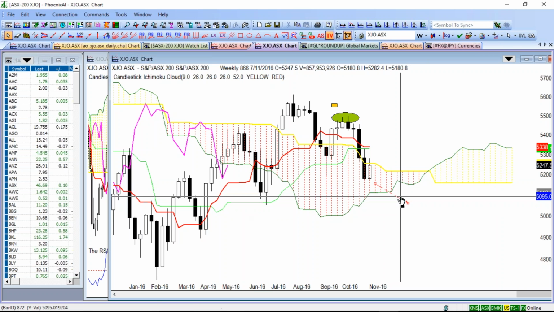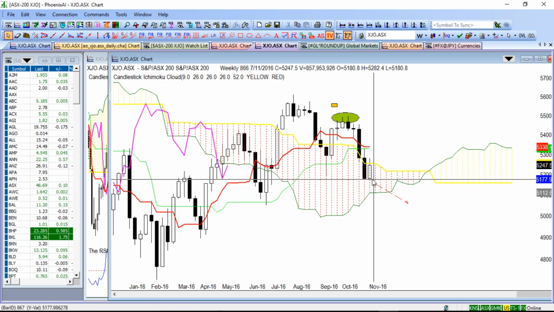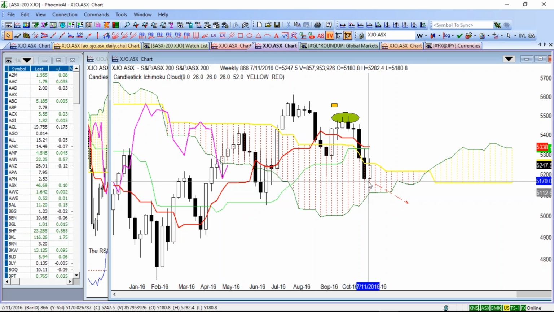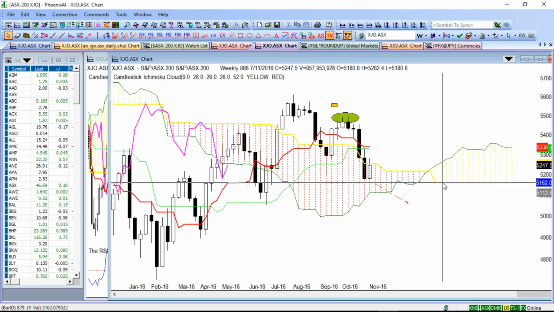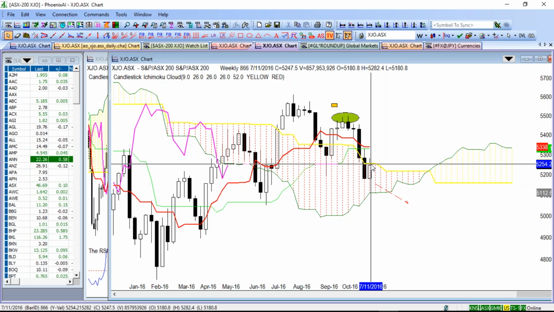So in the Ichimoku world, we really have a market in potential consolidation, above this strong support level, below this short resistance level.